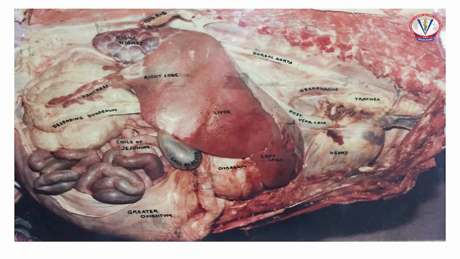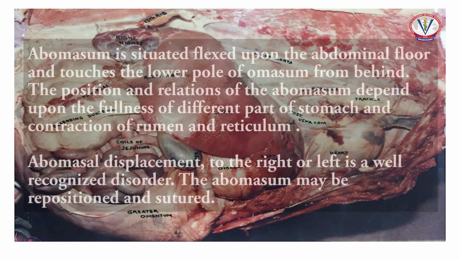The fourth segment of the ruminant stomach is the abomasum, which is situated upon the abdominal floor and touches the lower pole of the omasum from behind.